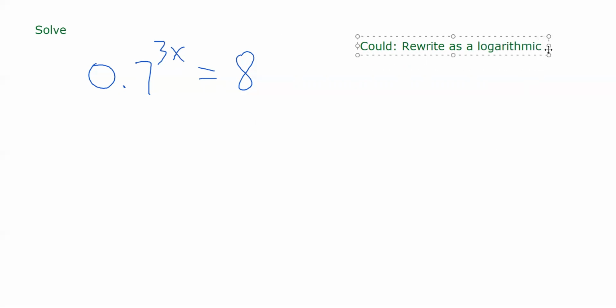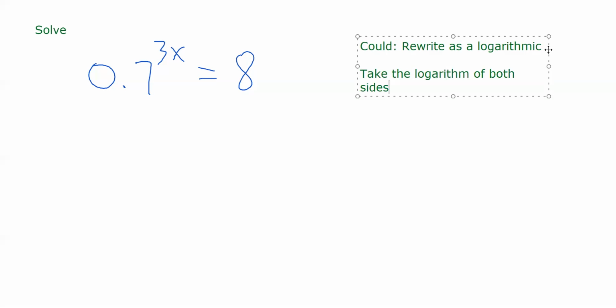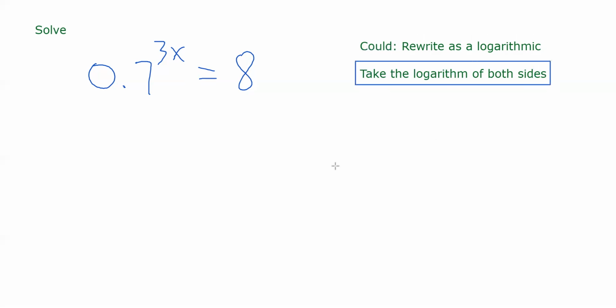That's fine. Or you can take the logarithm of both sides. And I can use whatever base I want. Let's try this second strategy because we just did one with the first strategy.